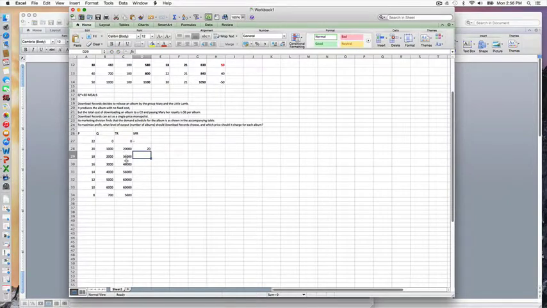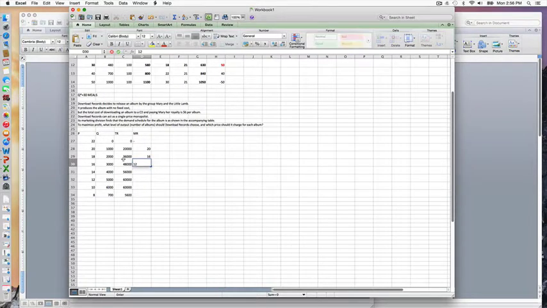Okay, 36,000 minus 20,000, that's 16,000. 16,000 divided by 2,000 minus 1,000, which is 1,000. So that's going to be 16. 48,000 minus 36,000. That's going to be 12,000. Difference divided by 1,000 again.